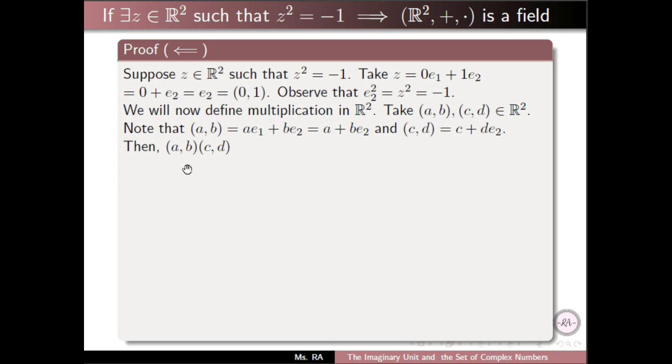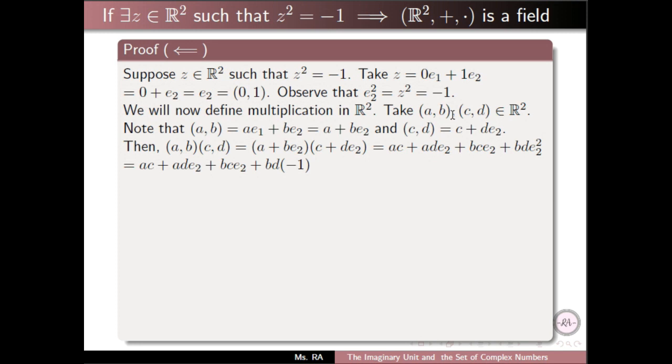Now multiplying (a, b) times (c, d) will give us this. Okay, you can do that on your own if you want to, and observe that we have here e sub 2 squared, but we have a value for e sub 2 squared which is equal to minus 1.